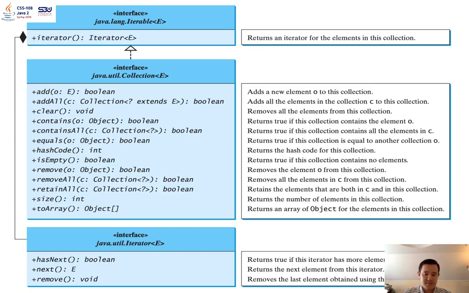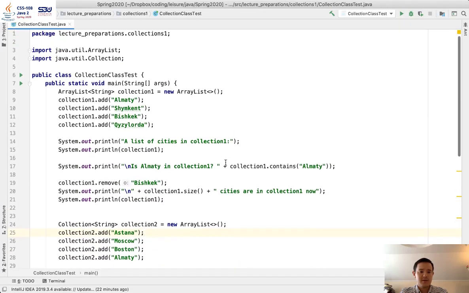Alright, now let's look at some of the methods in the collection interface. So this is the code. Here we are creating a collection, collection1. We know that ArrayList is a concrete subclass of the collection interface.